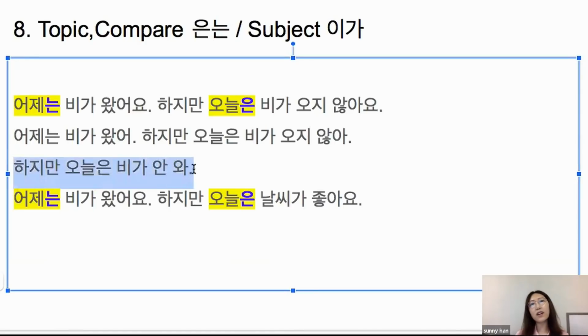하지만 오늘은 비가 안 와. Okay. 안, negative, meaning don't, not. 와 is 오다, informal way of 오다, the 와.